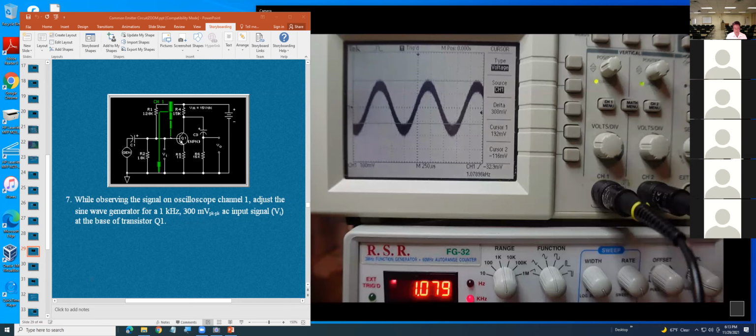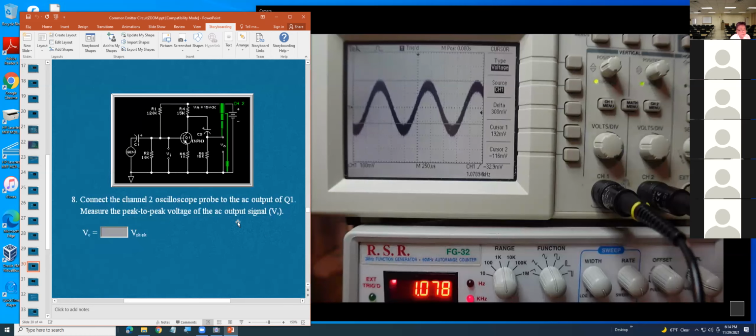Okay, so now we already did one signal, 1 kilohertz, 300 millivolt peak to peak. Okay, and try to see what they want next. They connect the scope channel 2 to the output, and they want to measure the Vout.